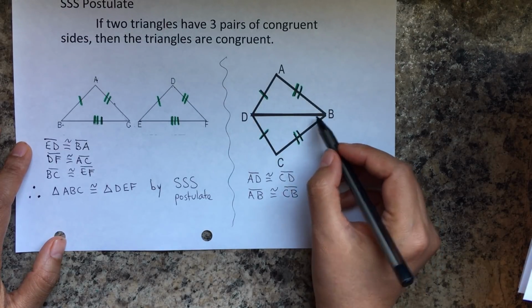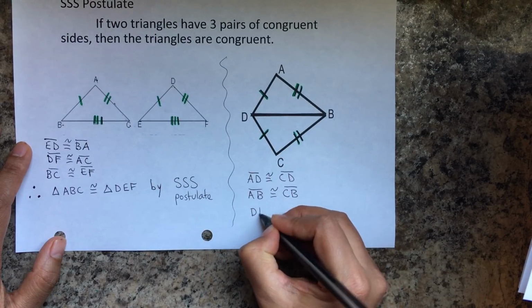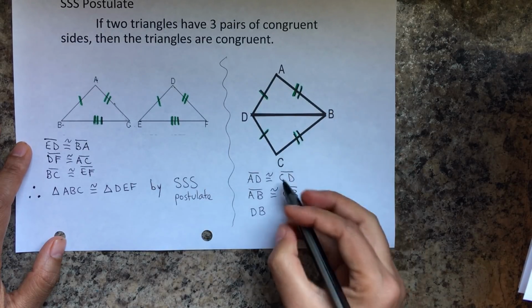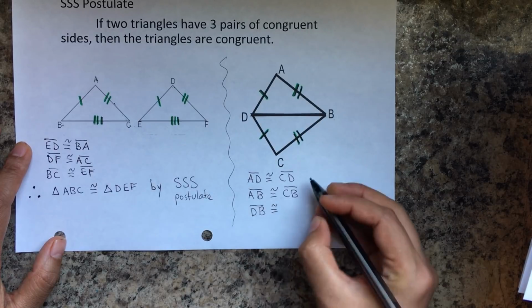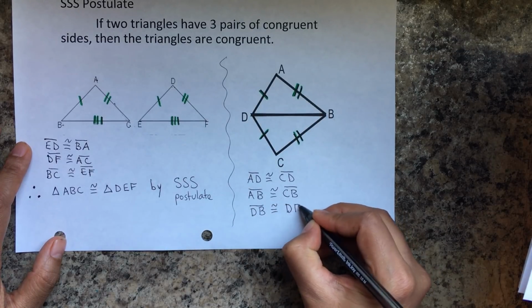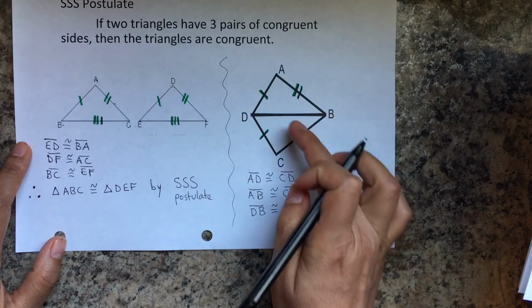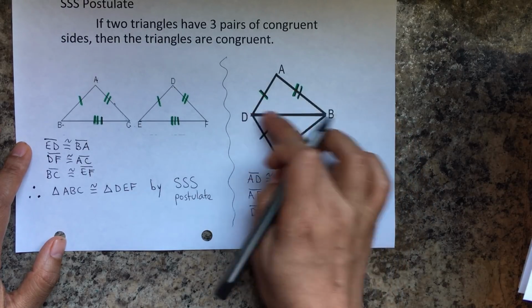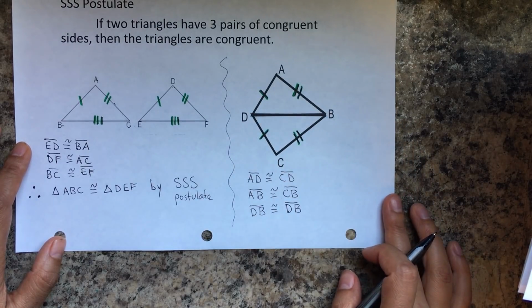And I also know that DB is congruent to itself. So it's the same side being used for both triangles. It's used for that triangle and it's used for the bottom triangle.